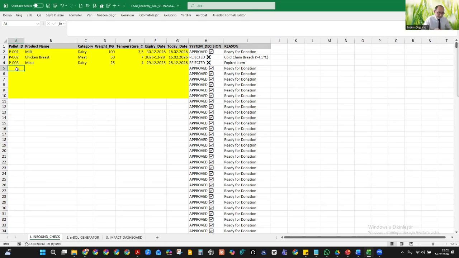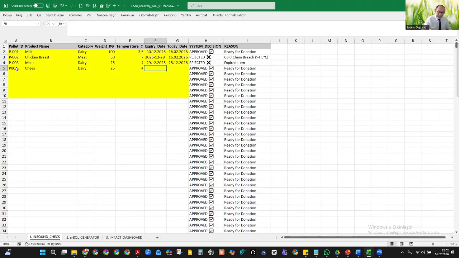For example, we have a cheese, category dairy. Kilogram is 26 and temperature is 4.